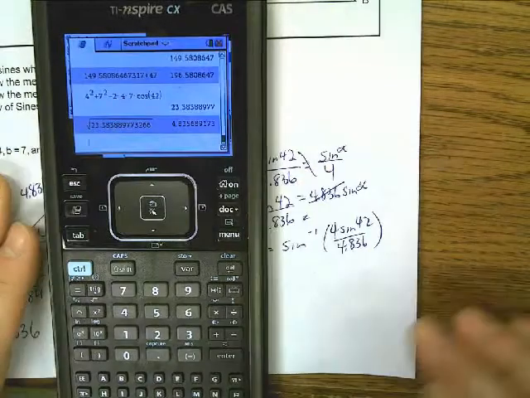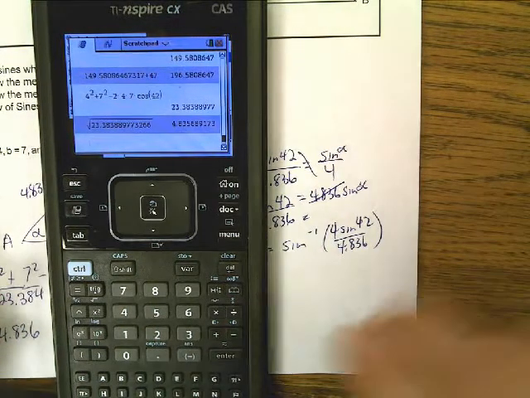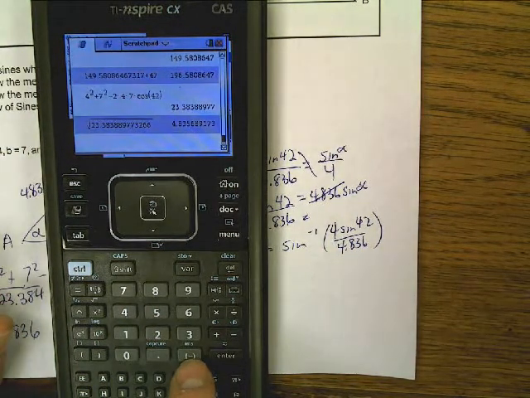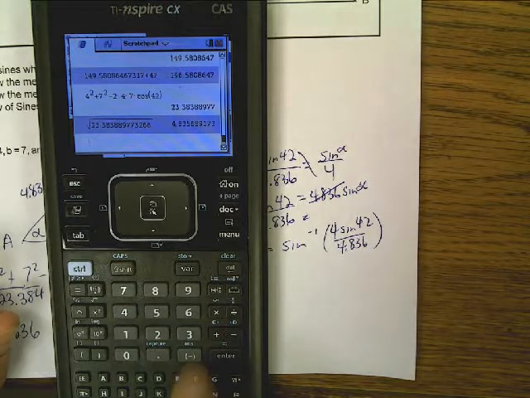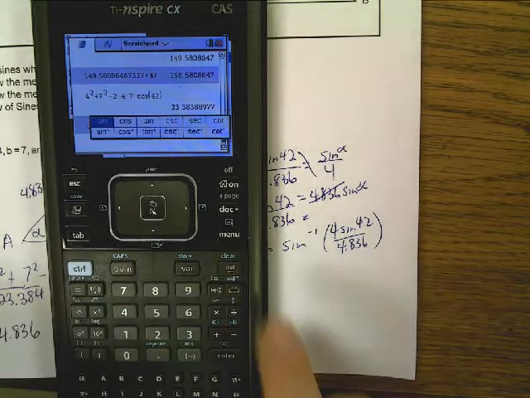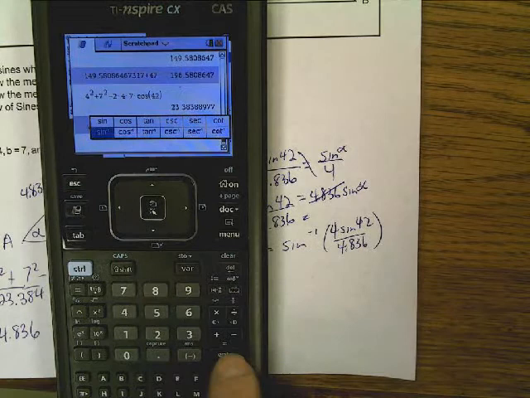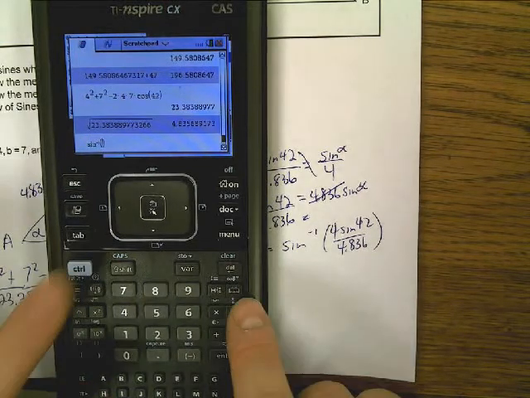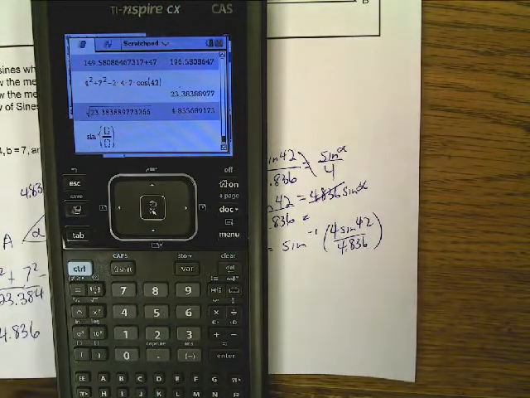There is a key on the calculator that will allow us to type, if you look at the negative key, it says ANS, which means answer. So let me show you what we're going to do. We're going to go trig and inverse sine. Then we're going to go control divide to put a fraction.